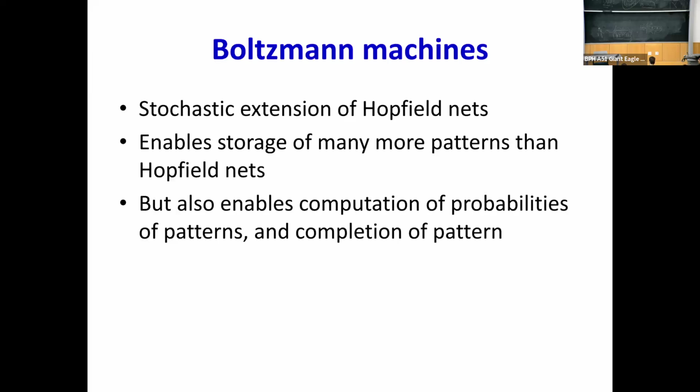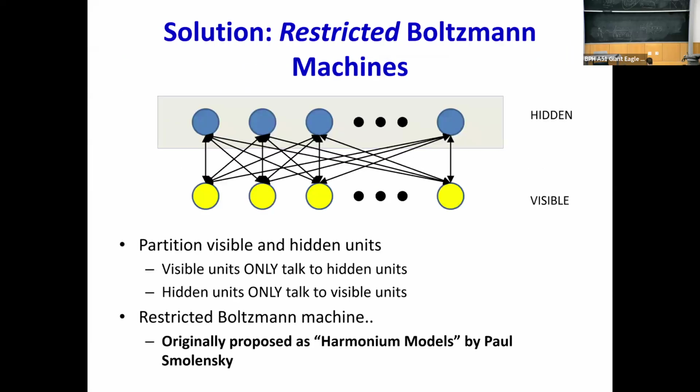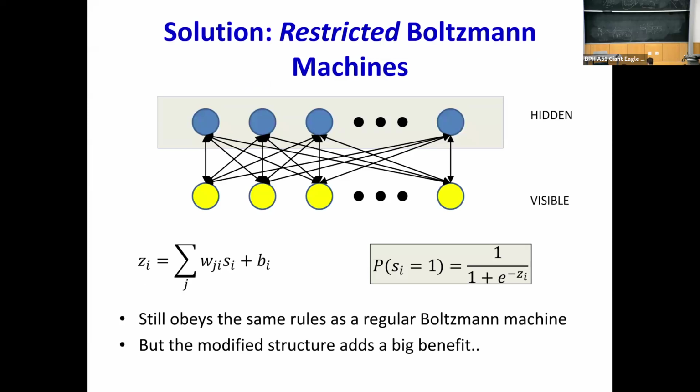Now there are extensions to the basic Boltzmann machine called the restricted Boltzmann machine, where you don't let the hidden values talk to one another and the visible values talk to one another, because it makes the computation much simpler. And much of the math that has followed has actually been about the restricted Boltzmann machine, also called, I think, the harmonium model by Paul Smolensky, who first invented them.